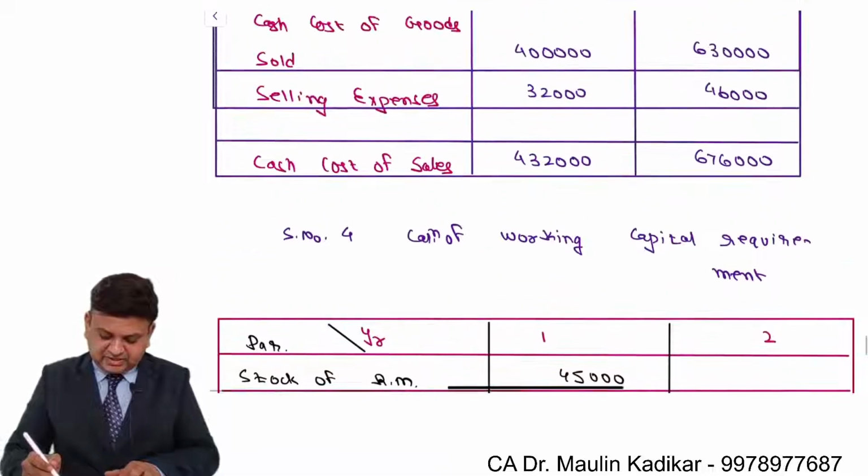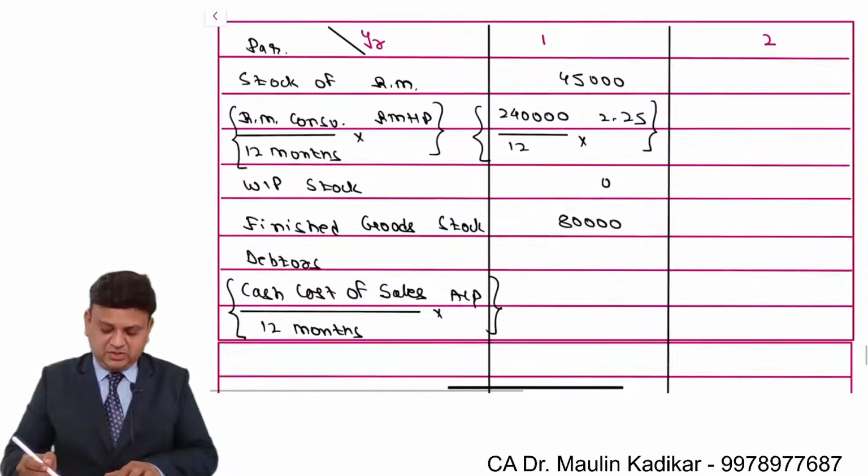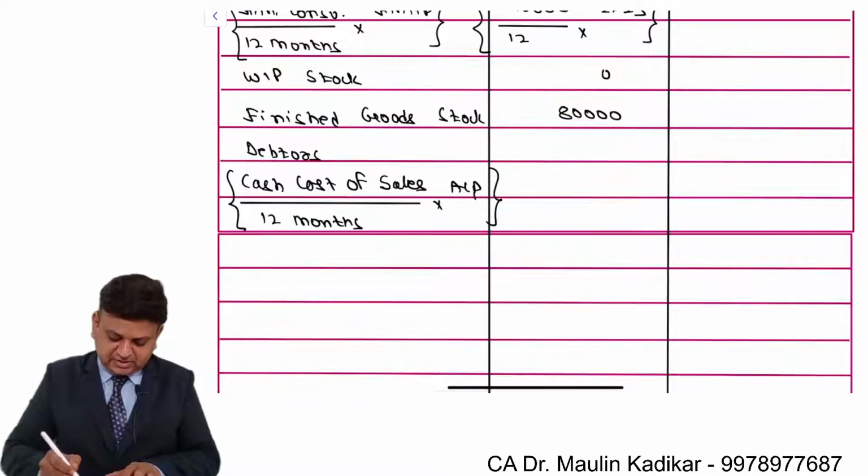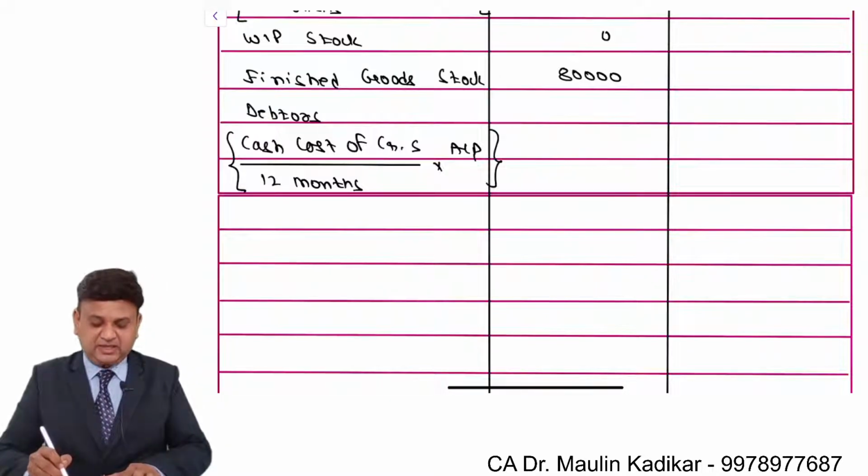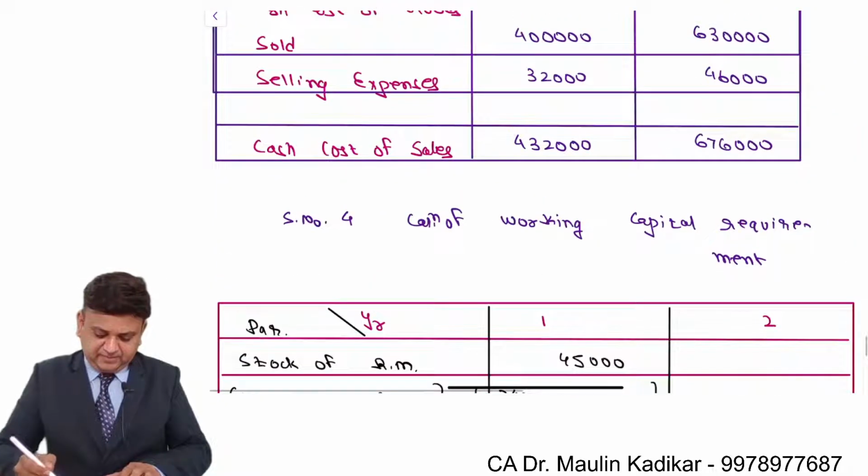Cash cost of credit sales. Cash cost of sales is the cash cost of credit sales. As far as this example is concerned, the entire sales is on credit only.